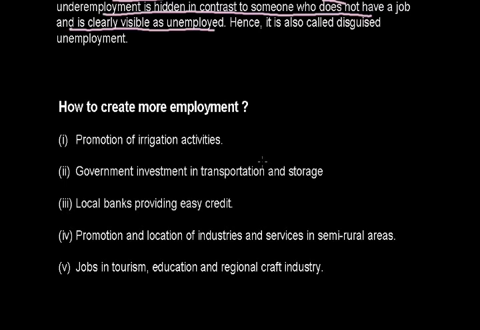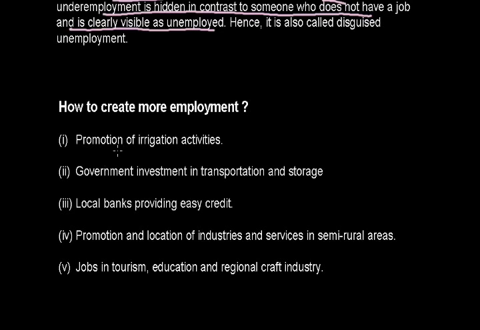So if we want development in our country, we have to provide employment to the people. So where can we adjust these people? One way can be to develop skill among these people. It is a lengthy process. It will take much time. But right now we have to provide them employment. So what can be the way?